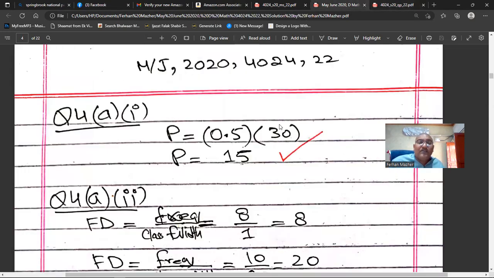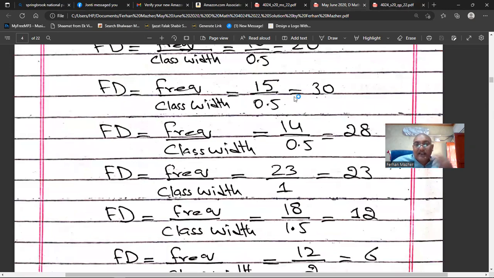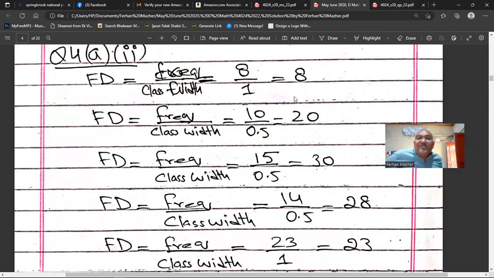So let me show you. I have done this for all the classes so you can have a good understanding, even for those classes which have already been done. For the first class, the frequency divided by class width is 8 divided by 1, and that will be 8. The frequency density for the second class: its frequency is 10, and its class width is 0.5, so it will be 20. For the third class, its frequency is 15, and its class width is 0.5, so it will be 30.